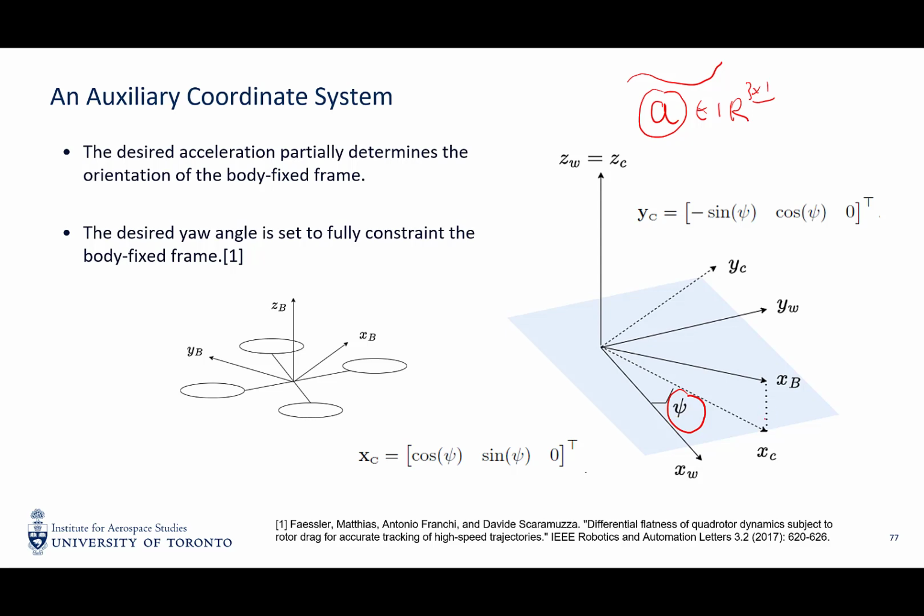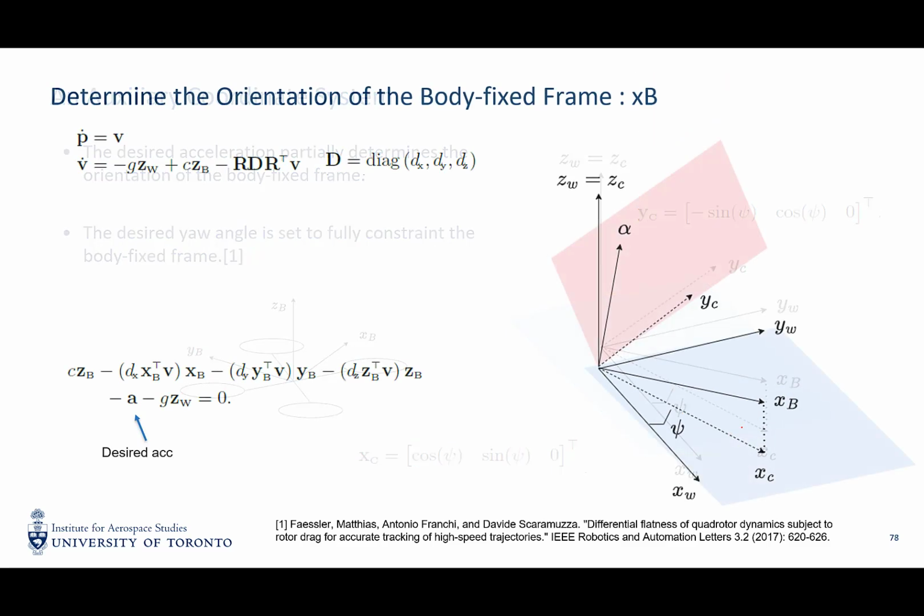And then what we do is that we construct an auxiliary control coordinate system, called frame C. So the frame C is just the frame W rotated by the psi angle. So it's like a rotated version of the world frame. Okay, so this is XC.